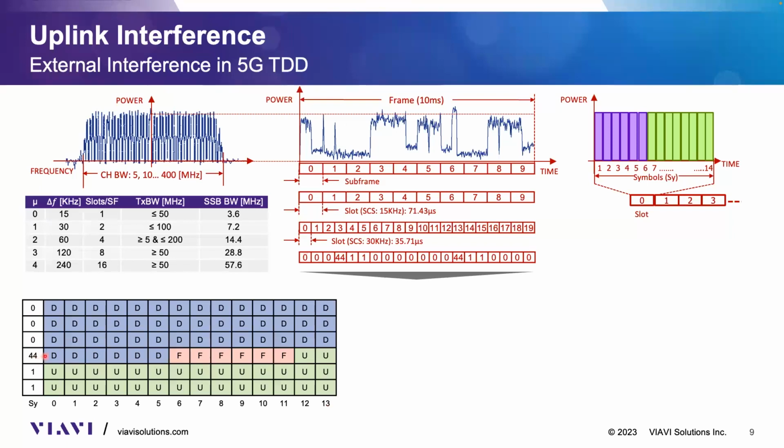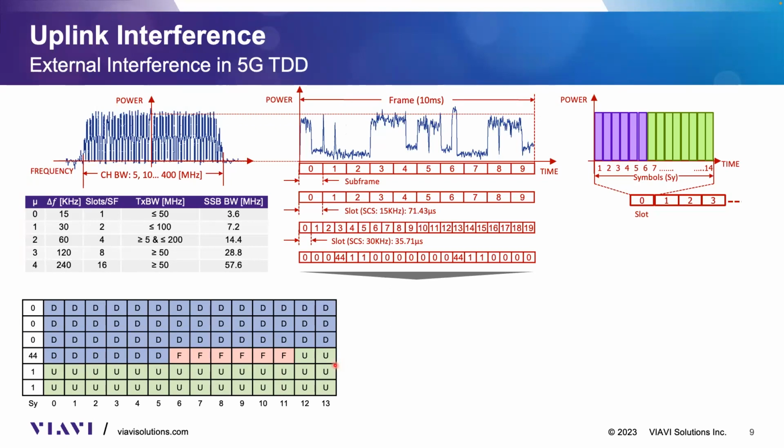But let's take a look at frame 44, where we have about 6 symbols in downlink. Then we have flexible symbols. Actually, these flexible symbols are going to help the transition between downlink and uplink. And then we have a couple of uplink symbols on the same slot.